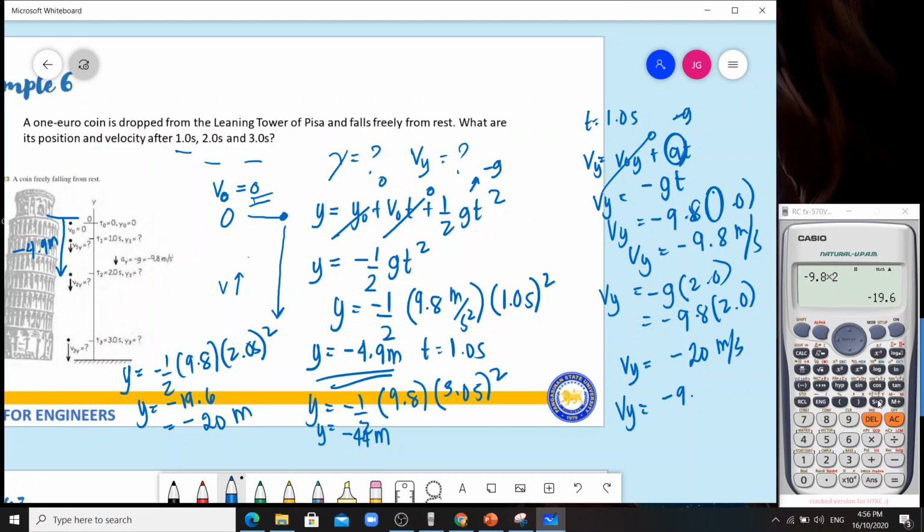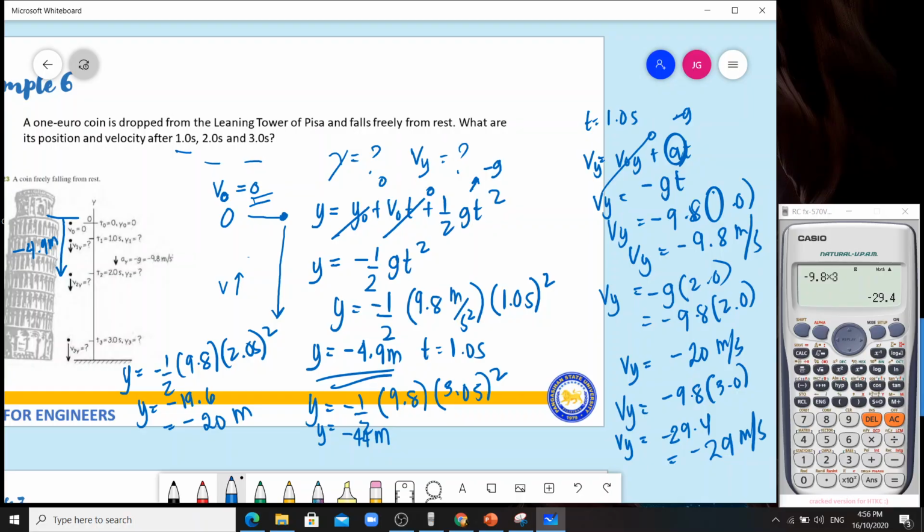So, negative 9.8 times 3.0, that is negative 29.4, or negative 29 meters per second.